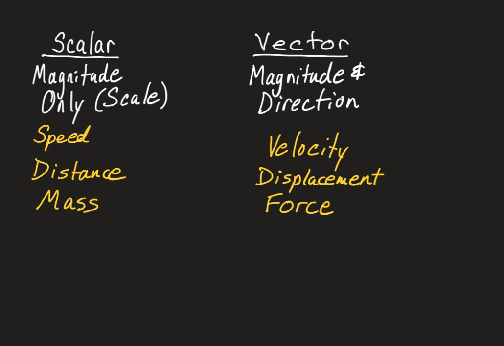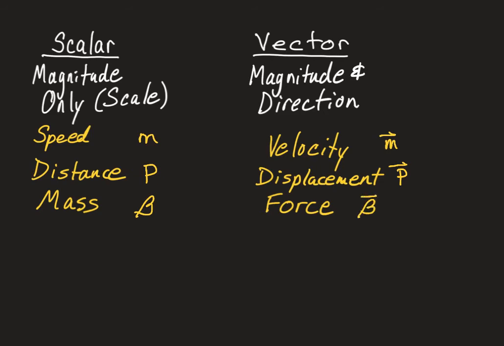We represent scalars and vectors with different types of symbols, and these differ depending on which field or which class you are in at school. So let's just pick some letters here. You can have lowercase, you can have uppercase, you can have Greek letters symbolizing these different scalars. Now, if you also have a direction with these, you would then indicate that with an arrow on the top.